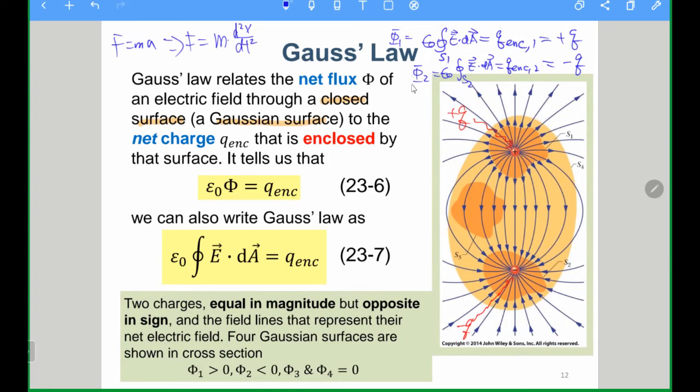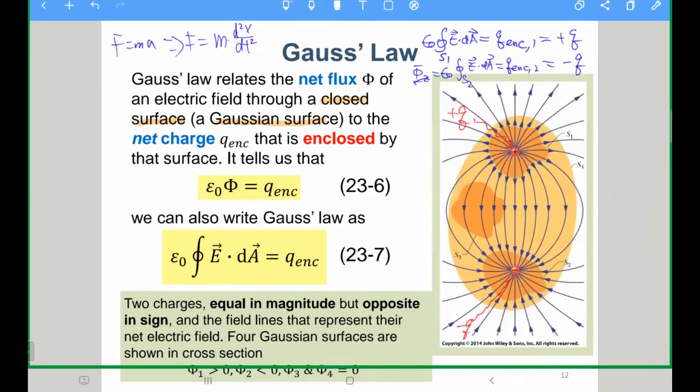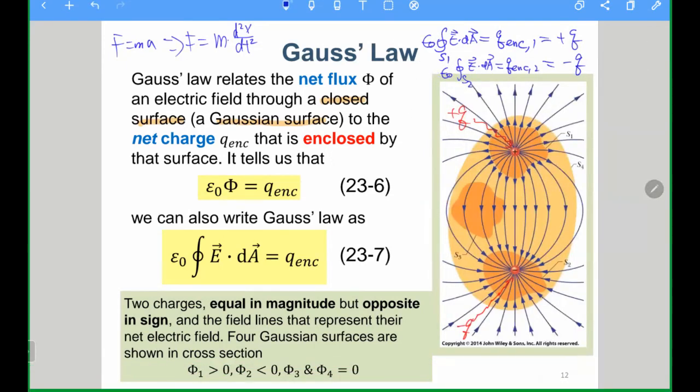Okay, I think this is not phi 2, I should say phi 1 should be the integration. It should be Q enclosed 1 over epsilon naught. But epsilon naught is a positive value. So if Q enclosed 1 is a positive value, phi 1 is a positive value.